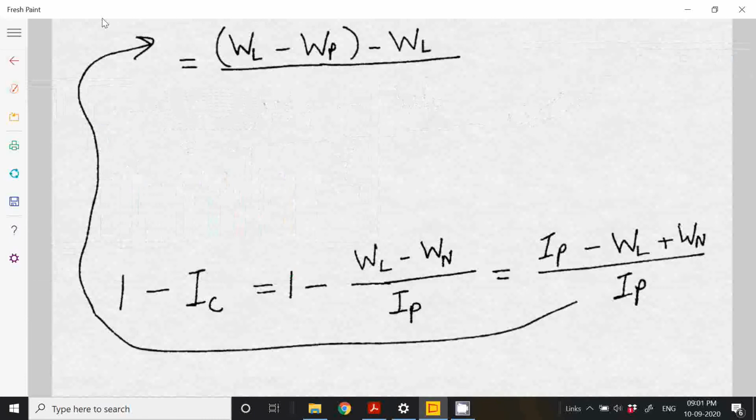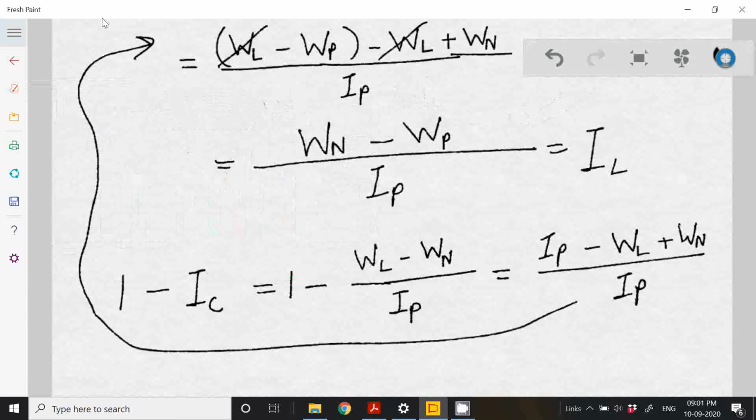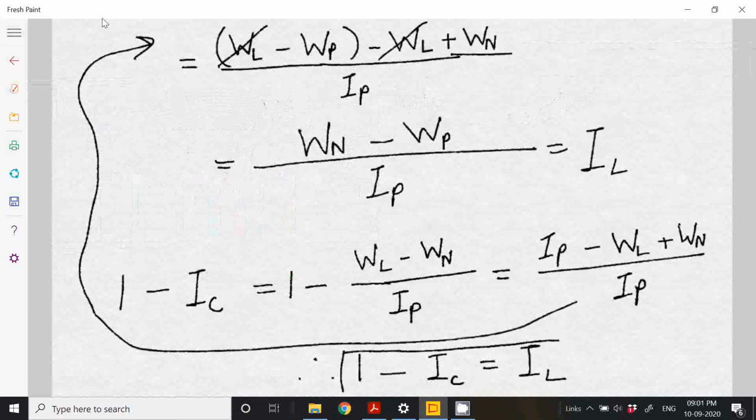Minus liquid limit plus WN over IP. So now let us cancel this one and this one. So WN minus WP by IP. This is equal to liquidity index. So therefore we can say 1 minus IC is equal to IL. This is a very important relation.